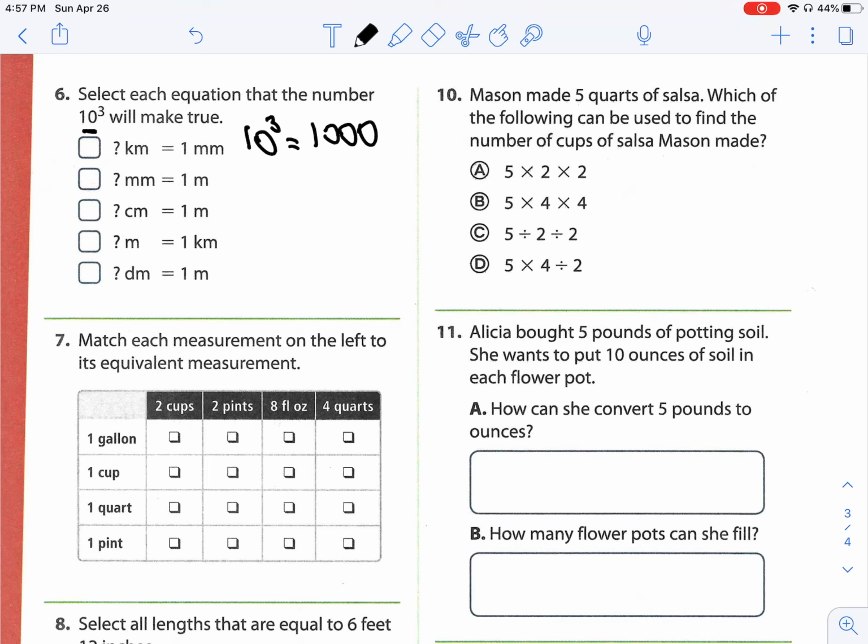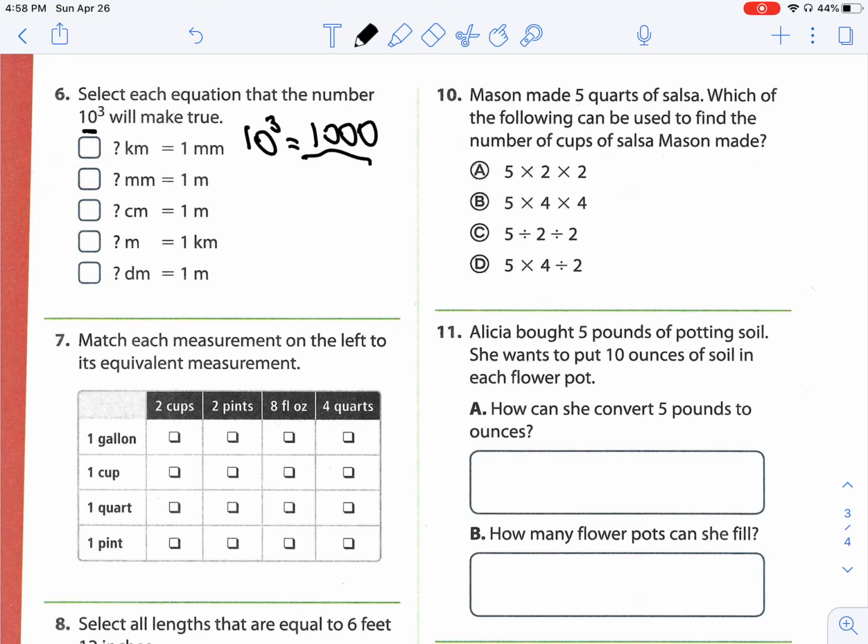Okay, 3 zeros. So going back to this, select each equation that the number 1,000 will make true. So do 1,000 kilometers equal 1 millimeter? Wow. No, even 1 kilometer is way bigger than 1 millimeter, so that's not right.